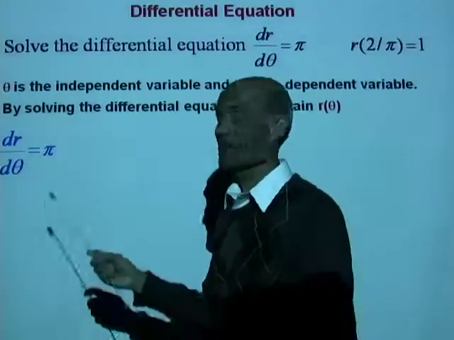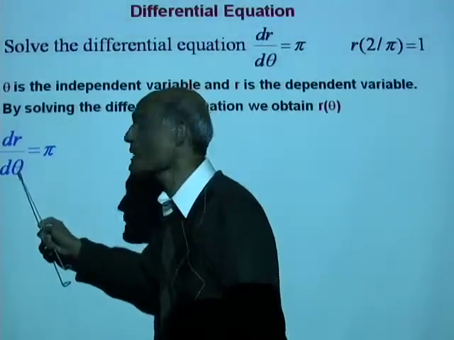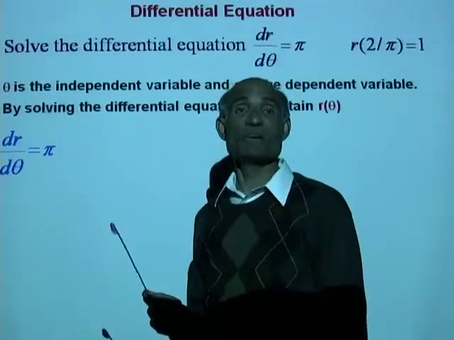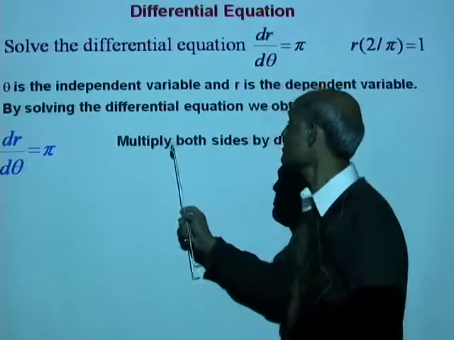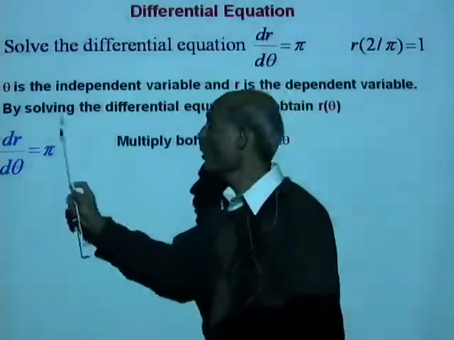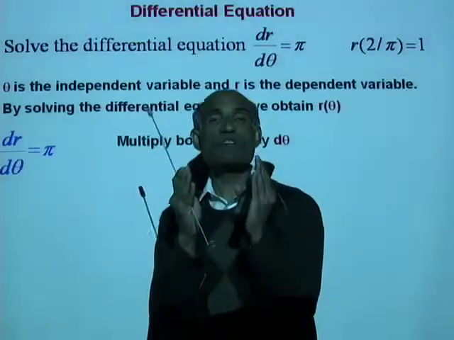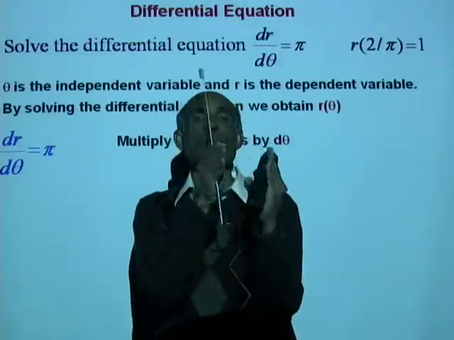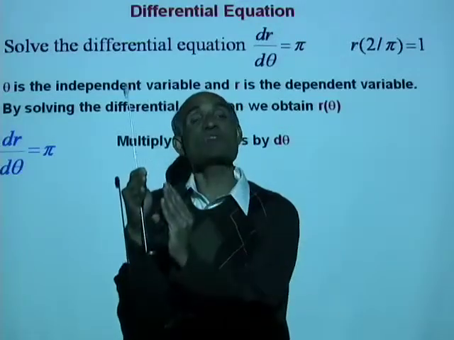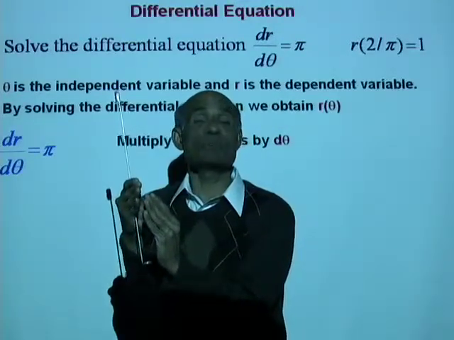So what are we given? We are given dr by d theta equal to pi. What we need to do in this case is multiply both sides by d theta. In all these cases, we must write the equation in such a way that one side of the equation will contain one variable and the other side will contain the other variable.